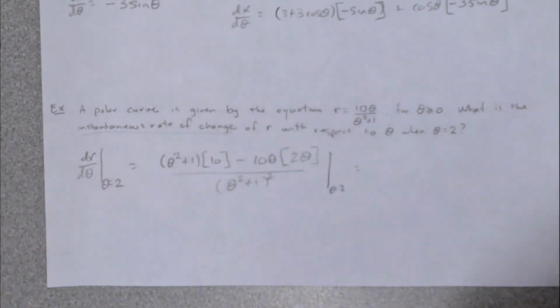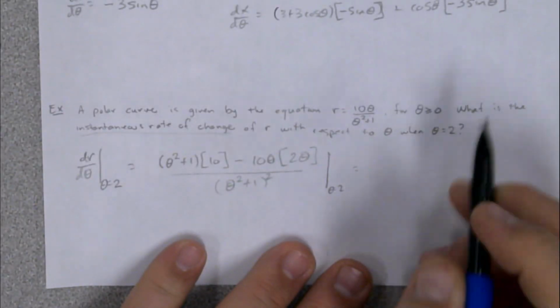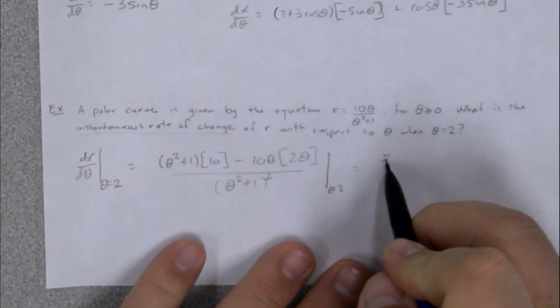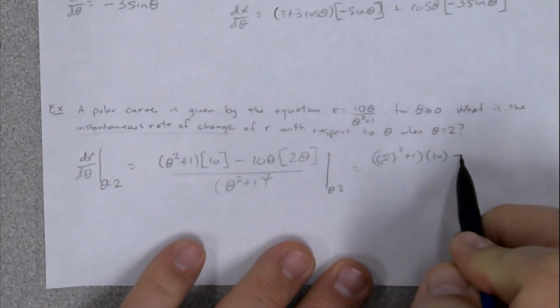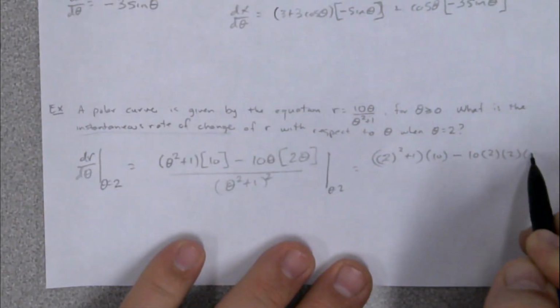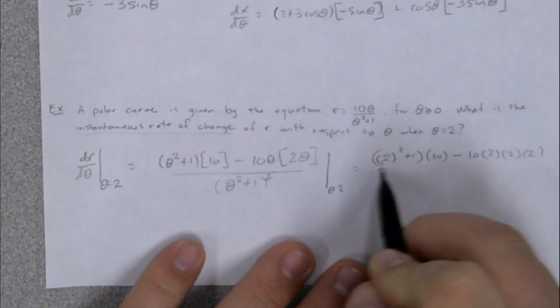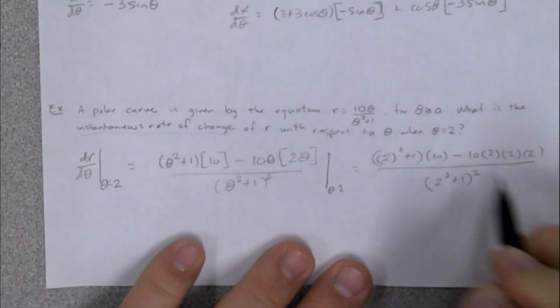So now we're just plugging in 2. Okay? So we have 2 squared plus 1 times 10, minus 10 times 2 times 2, all over 2 squared plus 1 squared.